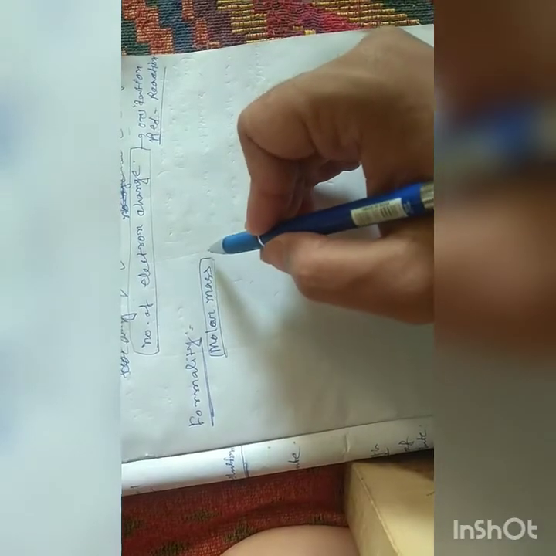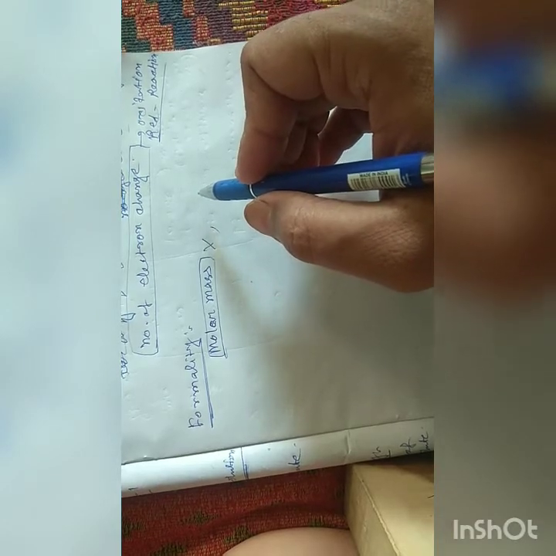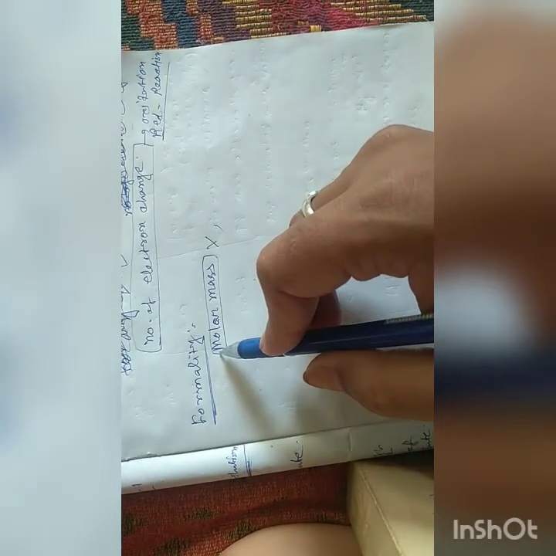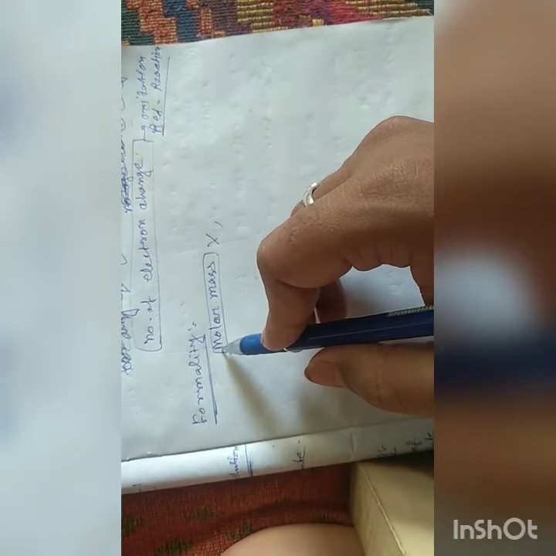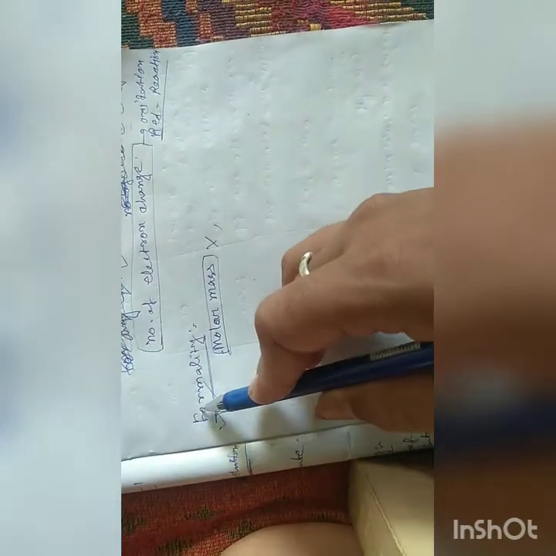So if we cannot use these terms, then normality and molarity are meaningless. So for these compounds we have to use formality. We should use the term formality for these types of ionic compounds. The expressions of formality are the same as normality and molarity.